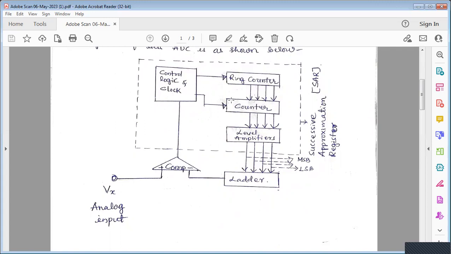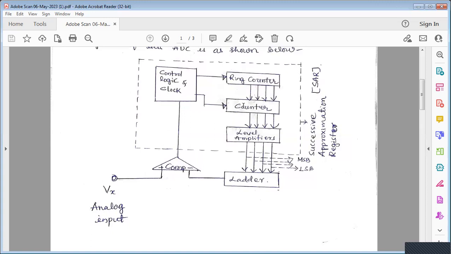All these four components are grouped together, and we call that the successive approximation register. This successive approximation register stores some information in it, so that is why it is called a register. In short, it can be called a SAR. So SAR means successive approximation register.